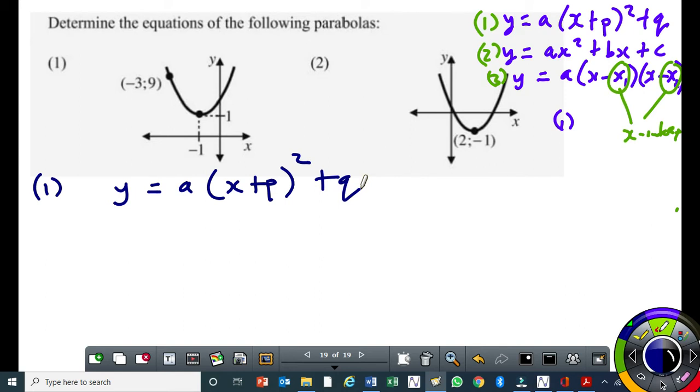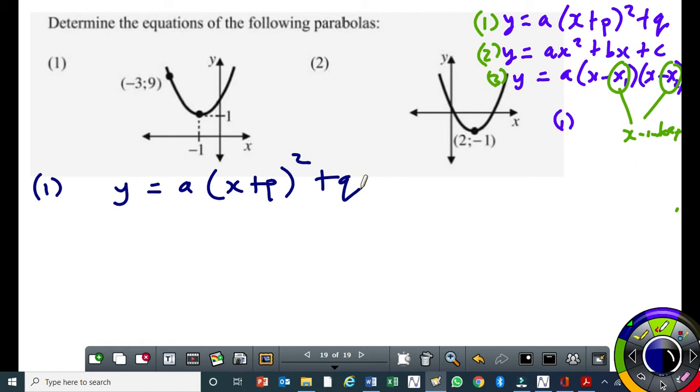Here, we are given a point where x is minus 3, y is 9. We are also given a turning point, which gives the value of p. Please take note that the value of x at the turning point here is minus 1.